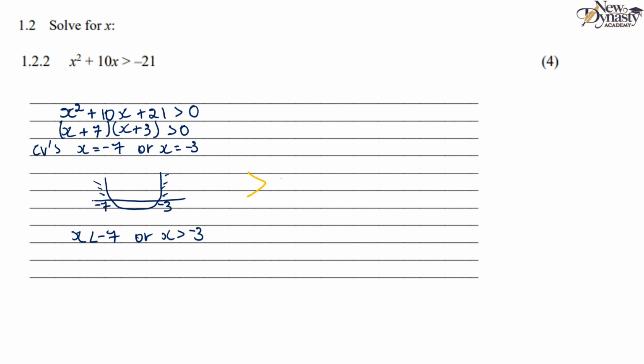You always use or. And then your x value basically is going to be less than the smaller value, or x is going to be greater than the bigger one between the two roots. And that's how you write that, with x being greater than or less than the smaller and the bigger value.